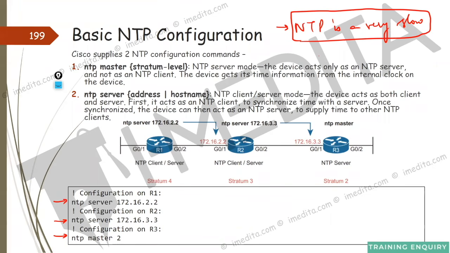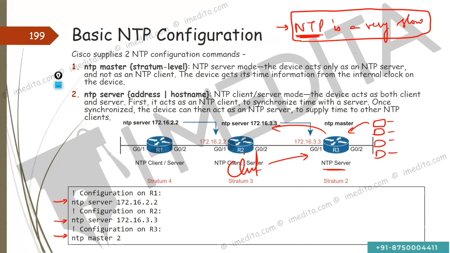The reason for building NTP this way is that if, let's say, this device is changing the time that it sends to others very frequently, then this device, which is acting as a client and pulling time from this server, will not trust the time if this device acting as server changes time very frequently. So that is why whenever you update the time, sometimes it will take some time before it synchronizes the time.